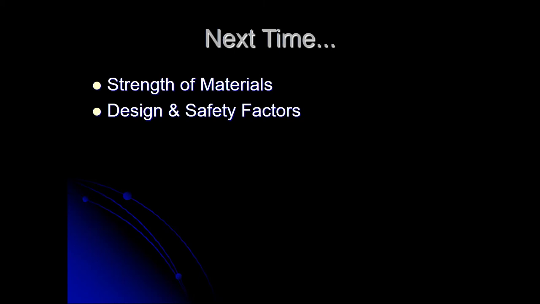So next time on Monday night, we will take a look at the strength of materials. We'll learn how to look up and find the limits on material behavior, and then we'll figure out how to design within those limits. It's not that difficult. It's just an idea of looking at areas first.